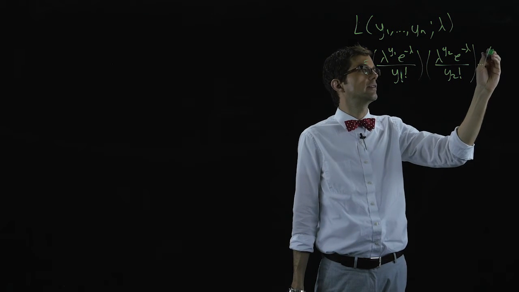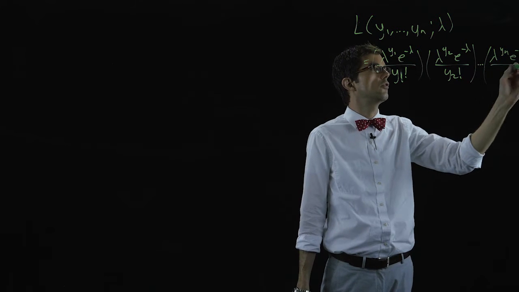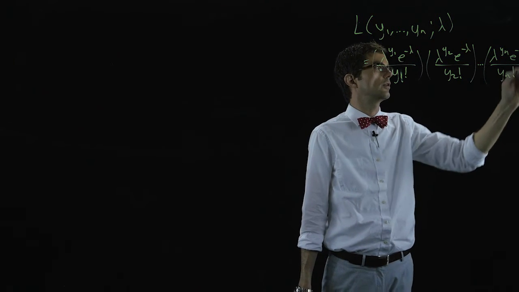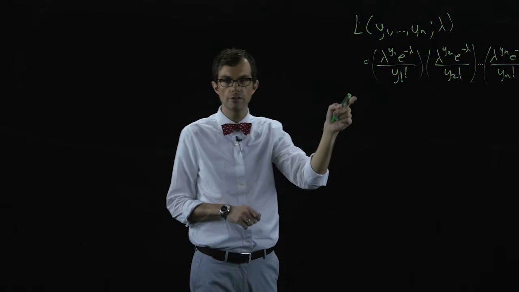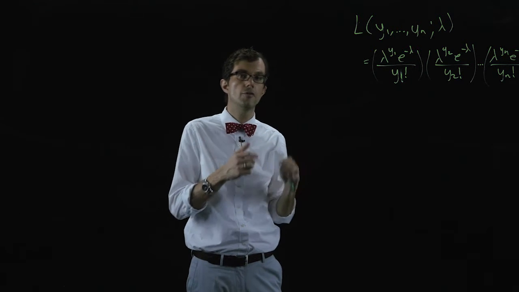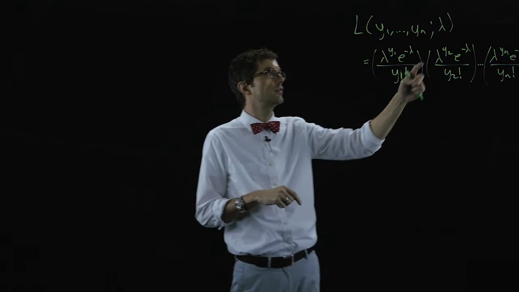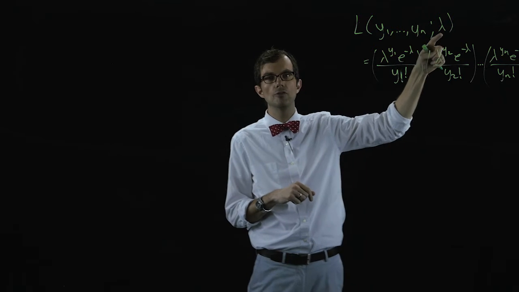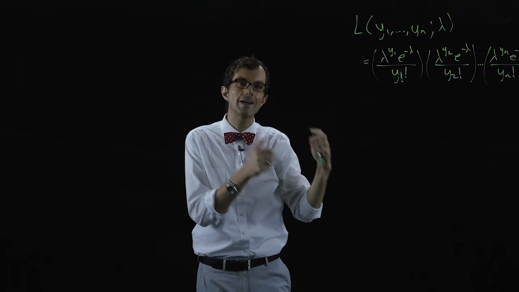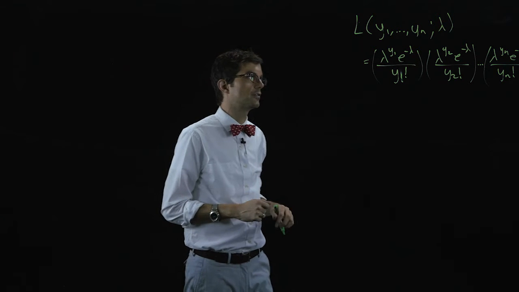And then multiply that by lambda to the y sub n e to the minus lambda over y sub n factorial. Okay, so that's our likelihood function for a sample of size n that we think was pulled from a Poisson distribution. And we want to know if it indeed was pulled from a Poisson distribution, what's the optimal value of lambda that would maximize the likelihood that we did pull those n observations.